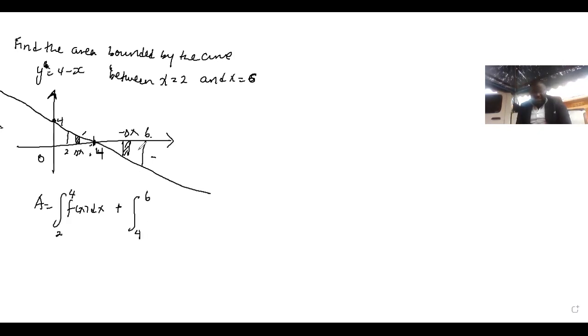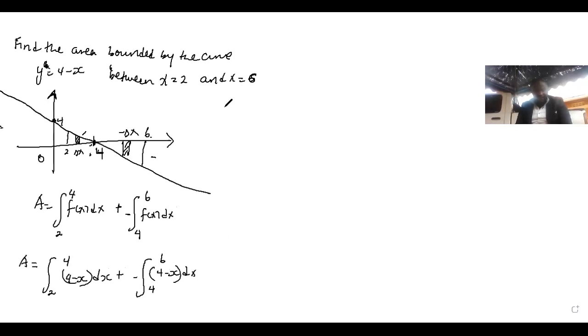But because this area is negative, I can attach a negative in front of the integral notation of the same function with respect to dx. So the area would become the integral from 2 to 4 of 4 minus x dx plus the negative integral from 4 up to 6 of 4 minus x dx.